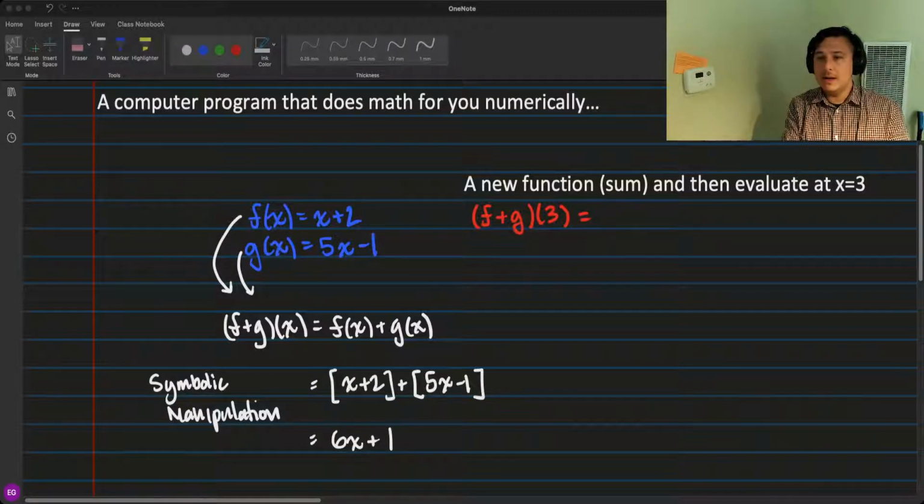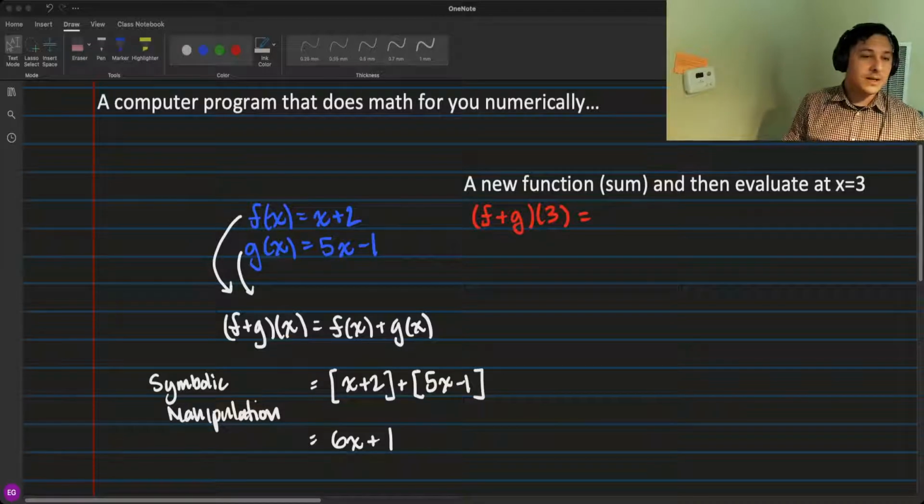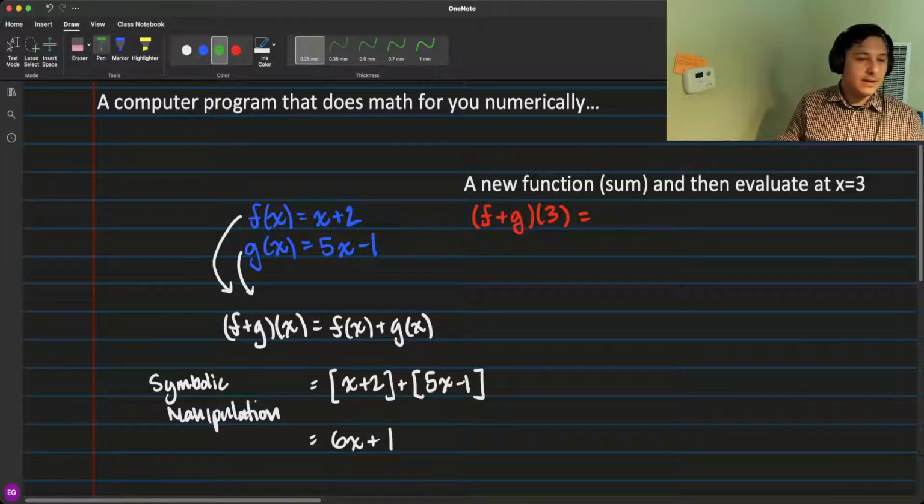Now, instead of doing it symbolically, what you could just do is do it numerically. So you could take advantage of the fact that, again, f plus g is just f of x plus g of x, which is going to be f of 3 plus g of 3. And then you can just substitute it in right away.